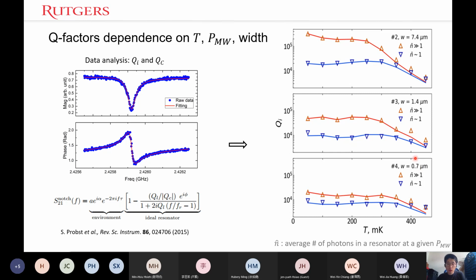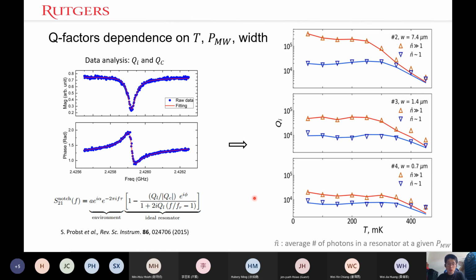So we extract the resonance frequency and intrinsic quality factor Qi for the resonators with different widths of the central conductor. You can see this is 7.4 micron, 1.4 micron, and down to 0.7 micron in terms of the width of the central conductor in the resonator structure.